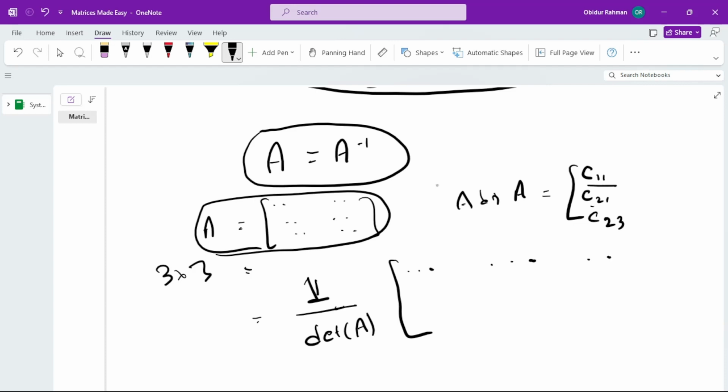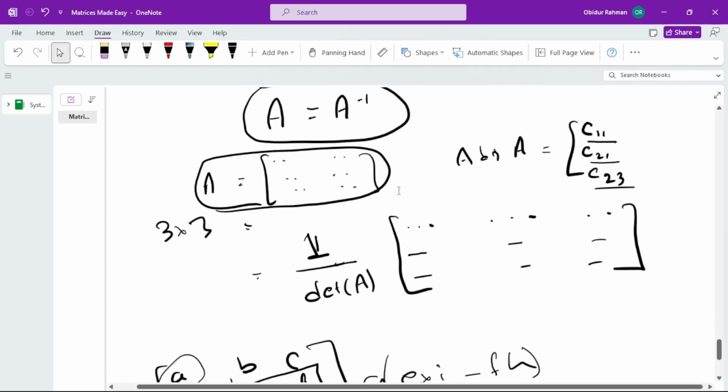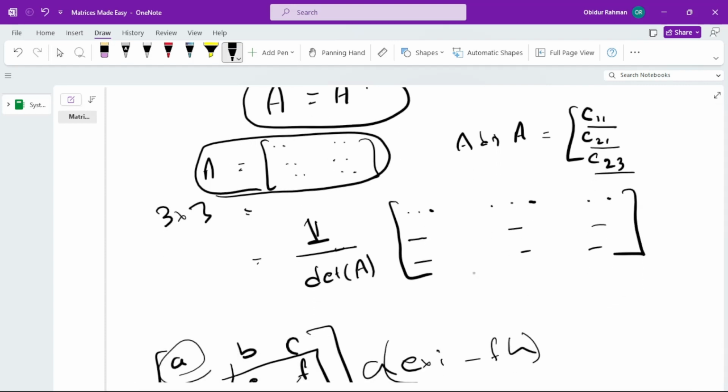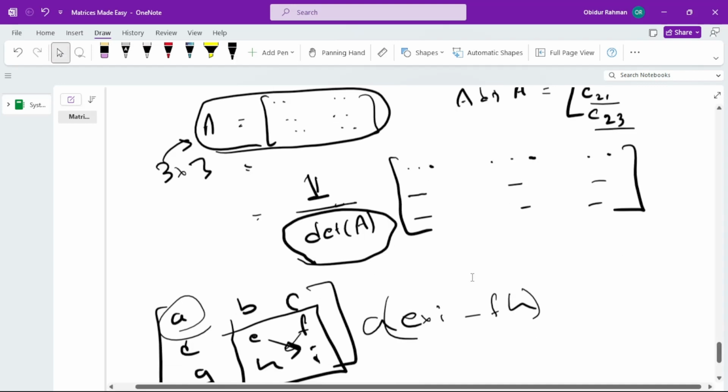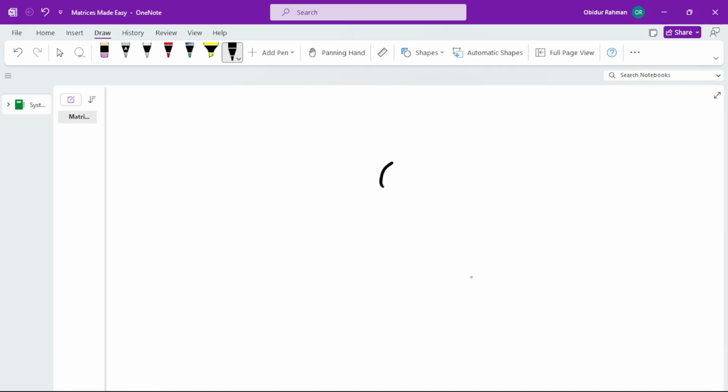For every single element, we write it there. And whatever you get, we divide it by the determinant of the original matrix. The result will be the inverse of the original matrix. This is called the inversion of a matrix.